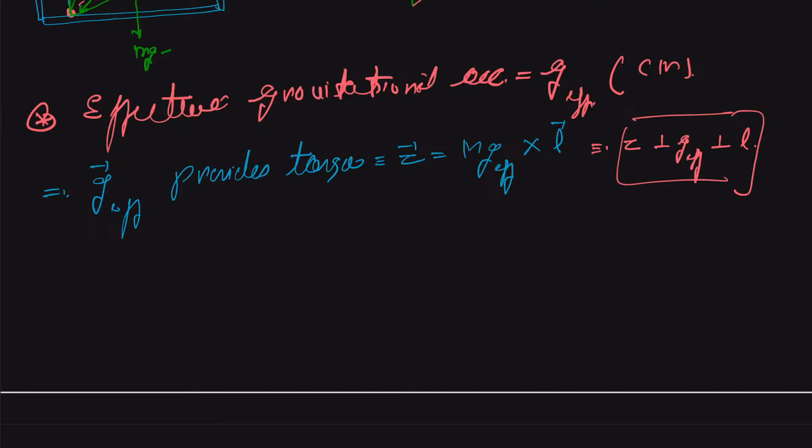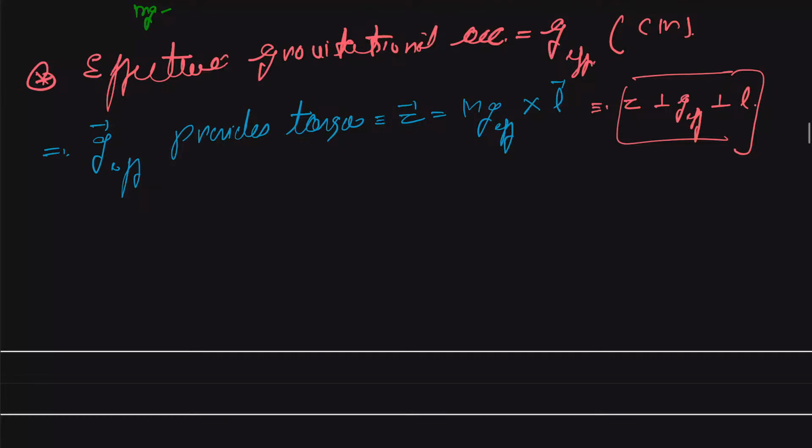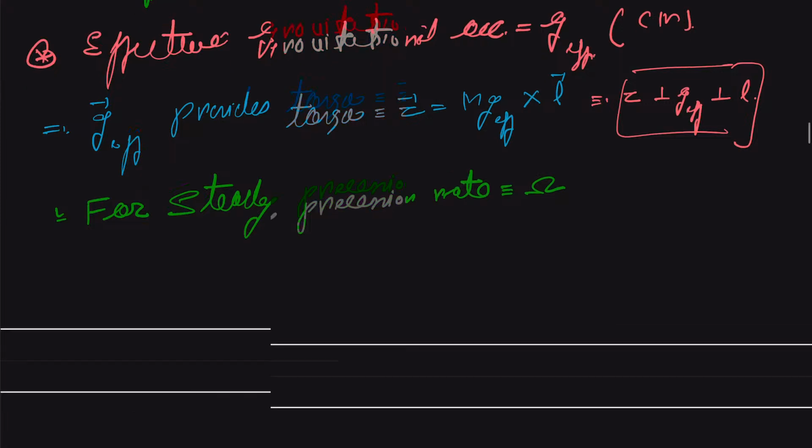We are given that there is a steady precession rate omega. So for a steady precession rate, which is omega, the rate of change of our angular momentum should be equal to this torque.